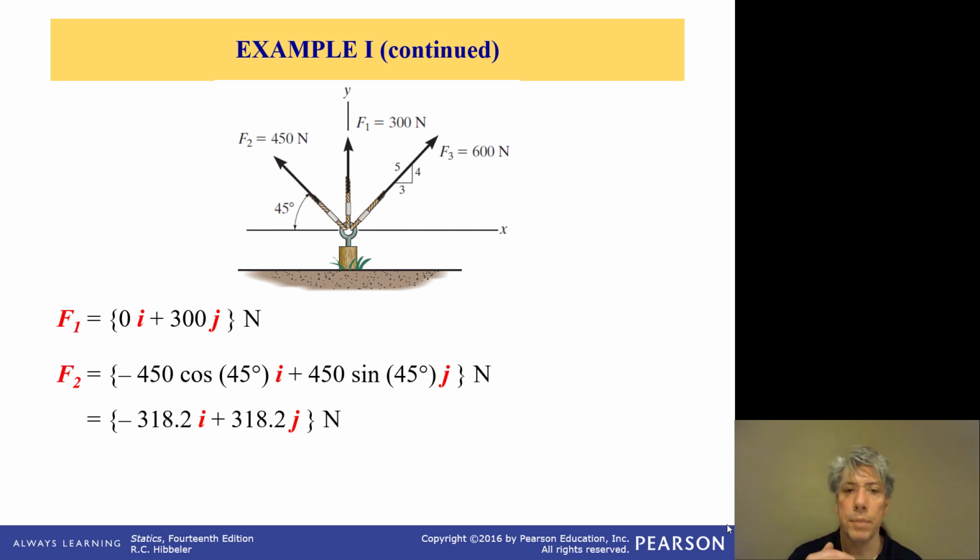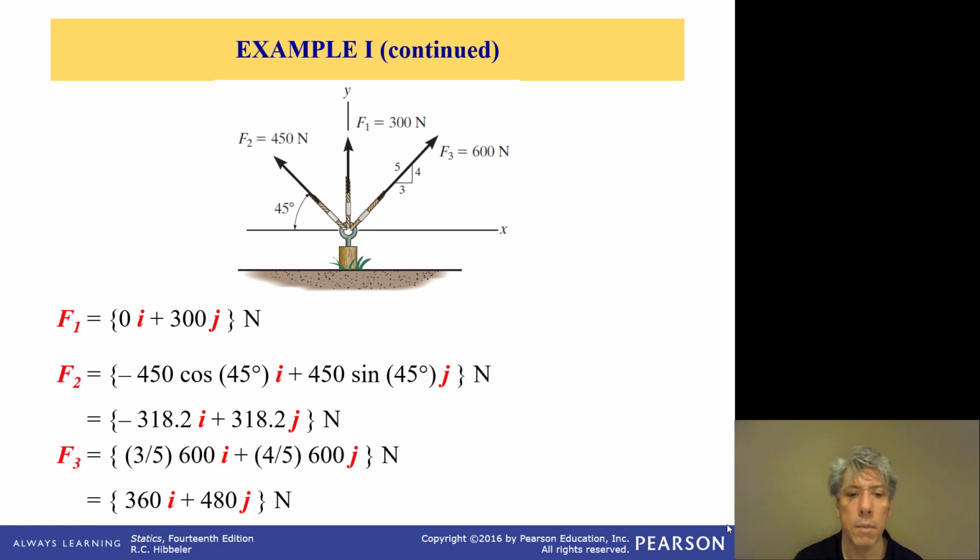And then we've got plus 450 sine of 45 degrees, because F2, of course, has a positive magnitude in the j direction. And then the next thing to do is to punch the numbers into your calculator. When you do that, then you see the numbers we get, 318.2, one's positive, one's negative, of course. And now we have written both F1 and F2 in their horizontal and vertical components.